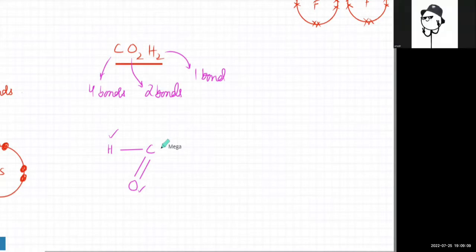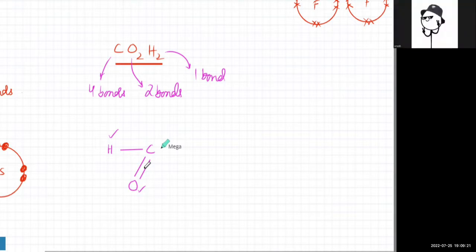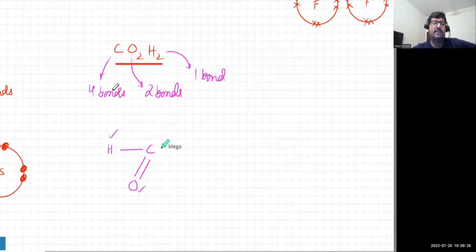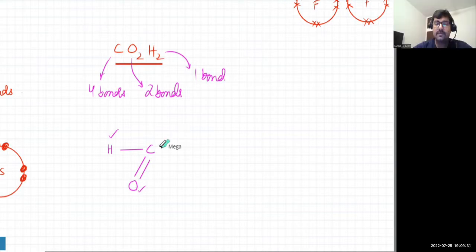Two more bonds. No, count now. How many bonds is it making? 1 with hydrogen, 2 with oxygen. So it's already making 3 bonds. So one more bond. It needs to make 4 bonds in total. So it needs 1 more bond, right? So it needs to make 1 more bond.